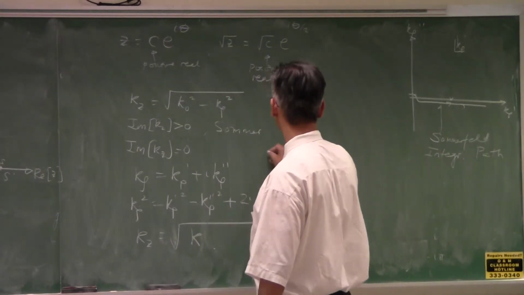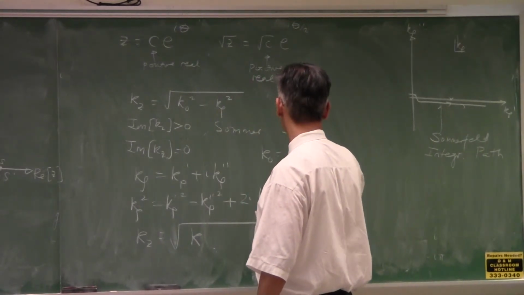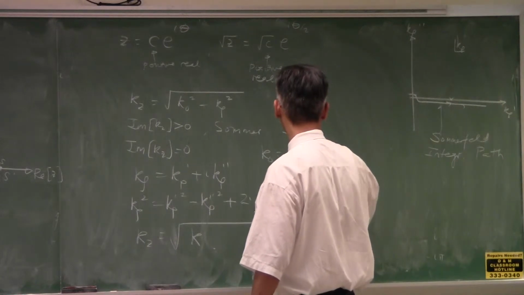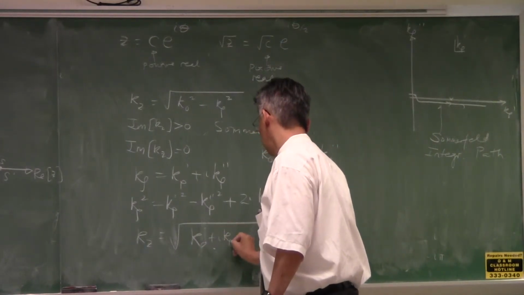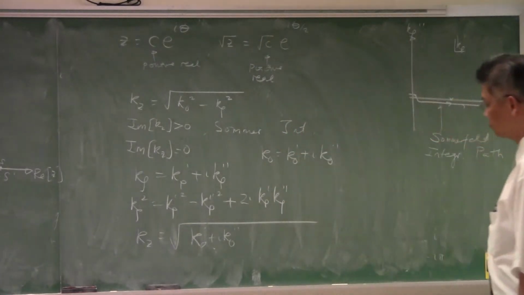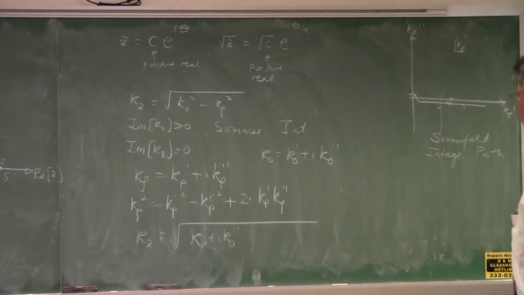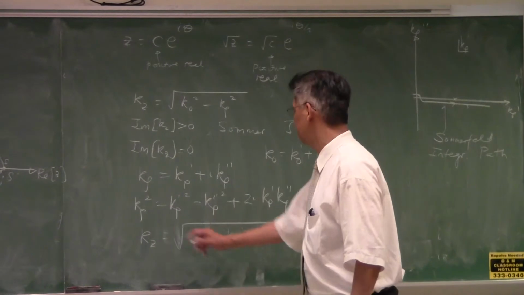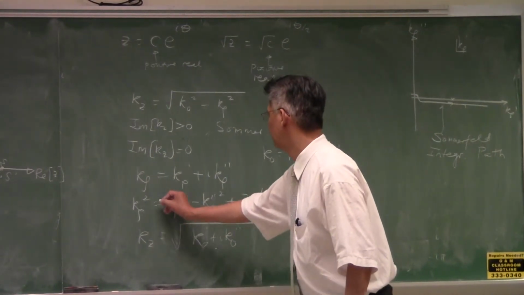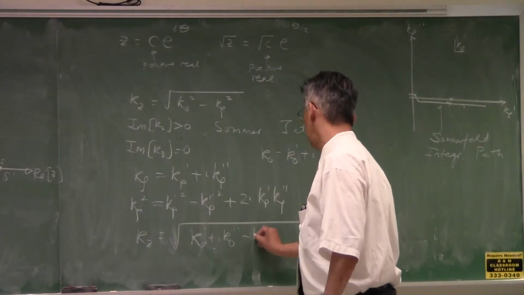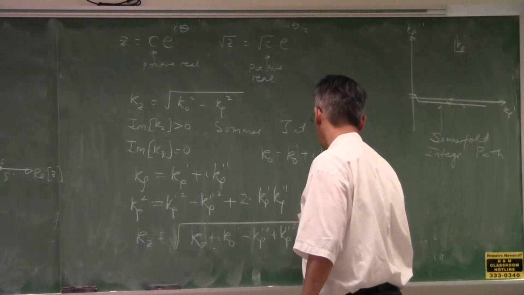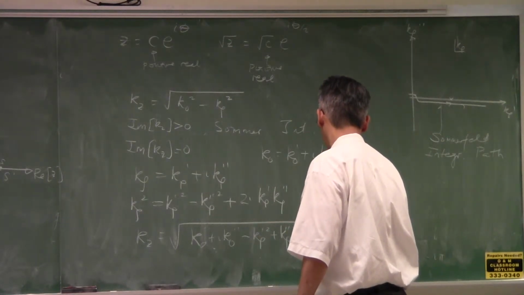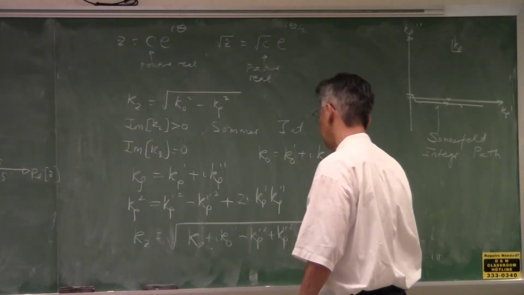We can let k0 be a complex number as well, k0 prime plus i k0 double prime, and then minus k rho squared would be equal to minus k rho prime squared plus k rho double prime squared minus 2i k rho prime k rho double prime.